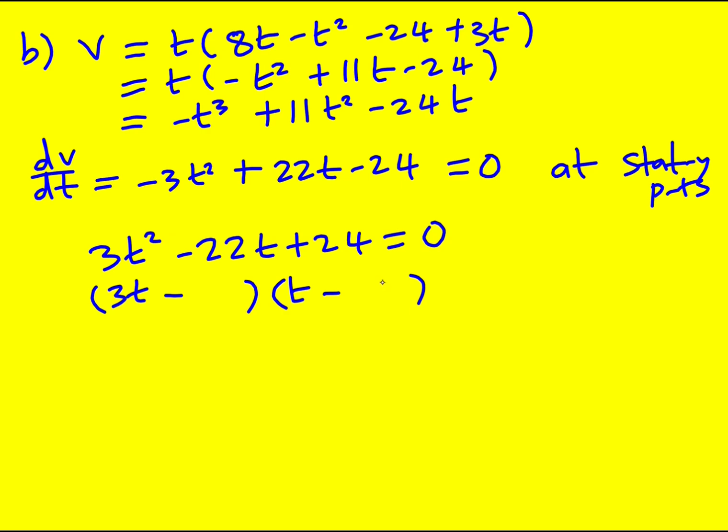Notice both of them are even, so you could try 8 and 3, for example, but that will end up with an odd number. So 6 and 4 are maybe the best way to go. So let's say, for example, I put 6 here and 4 here. Then I would get minus 12t and minus 6t. So that's not enough. So what if we swapped it around to 4 and 6? Now I'm going to get minus 18t and minus 4t. Okay, that's the one. We can stick that in.